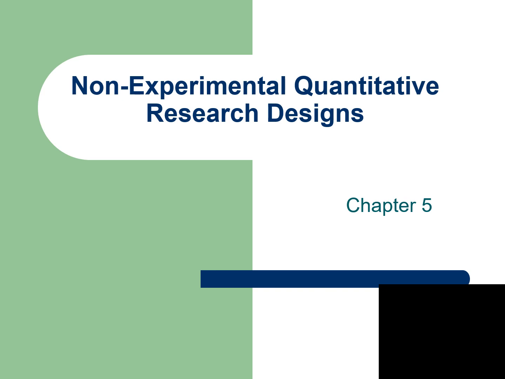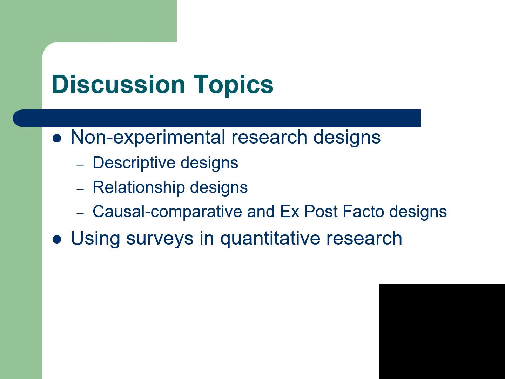So last class we mentioned that non-experimental quantitative research design is just to describe whatever we have, testing the relationship, or the causal comparative and ex post facto design. It's not about controlling the variables at all.